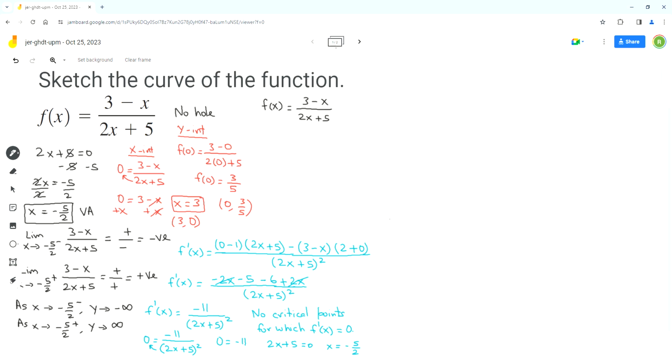Now the degree of the denominator in this function is 1. To find the horizontal asymptote, we first have to divide each term in this function by x raised to the degree of the denominator, which is x exponent 1, which is also just x. So we first have to divide each term in the function by x.